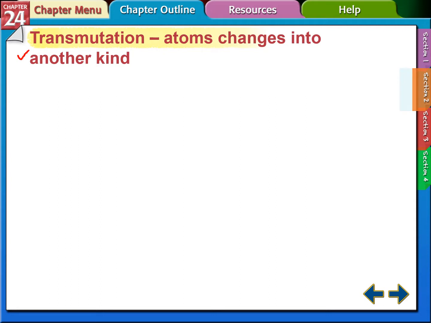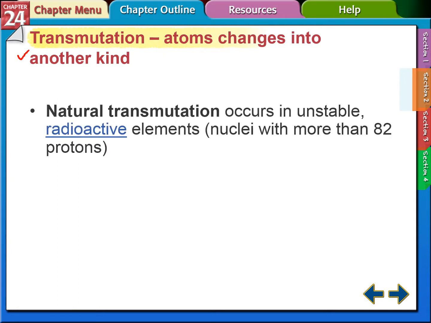Now, there are two types of transmutation. The first is natural transmutation. This occurs in unstable radioactive elements, so basically elements with more than 82 protons. This is the most common type of transmutation, and it happens especially during alpha or beta decay.